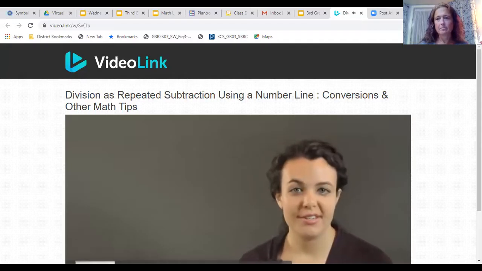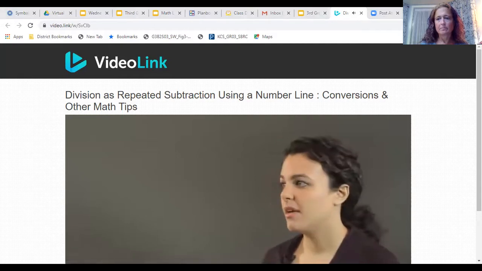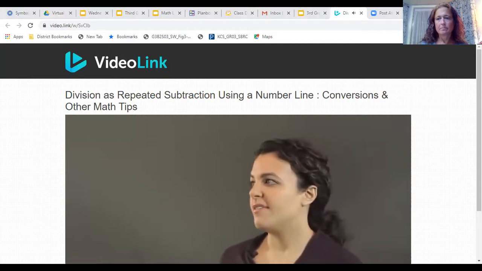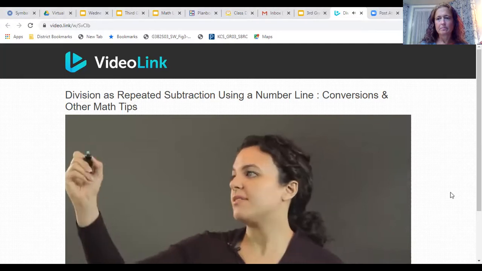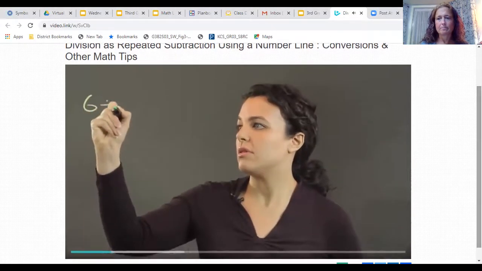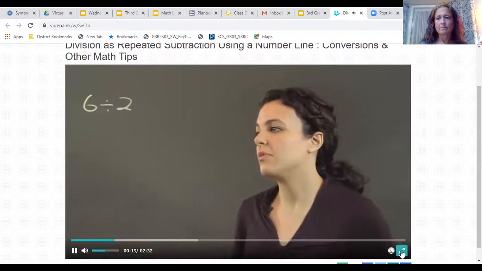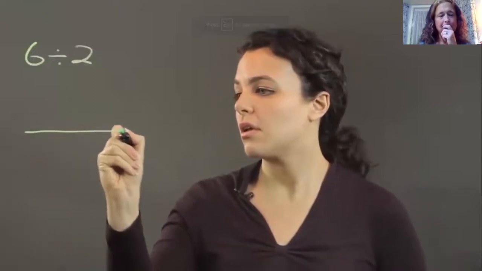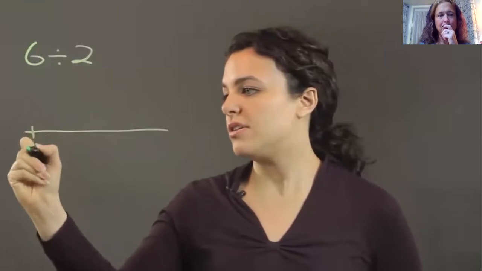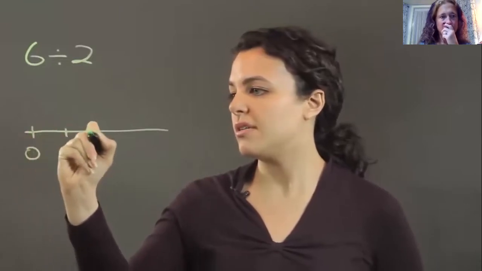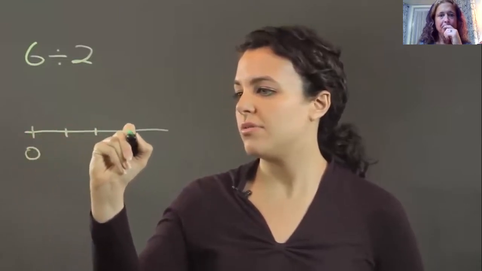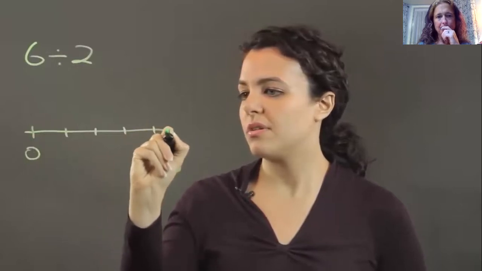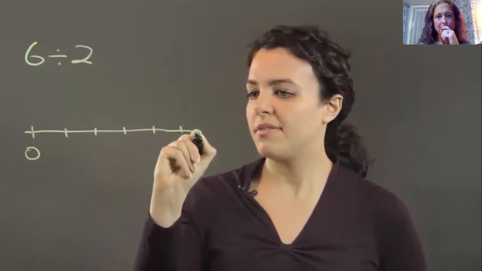Hi, my name's Julia. I'm going to show you division as repeated subtraction using a number line. So let's say we have a division problem like 6 divided by 2. We're going to use a number line. We start at 0 here and then 1, 2, 3, 4, 5, and 6.